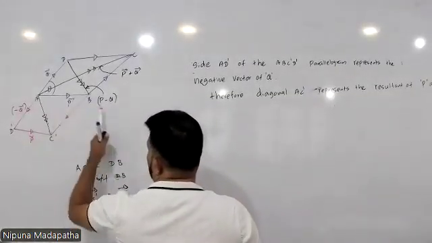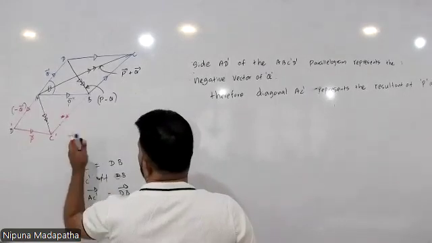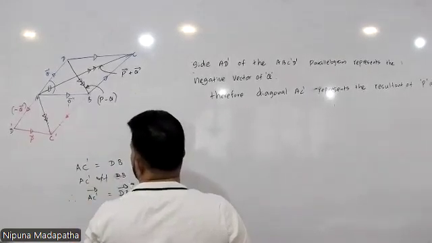Correct, label the points A, B, C dash, D dash.